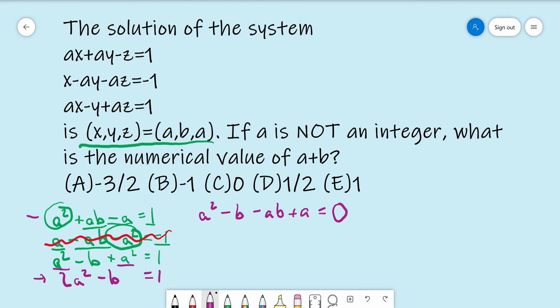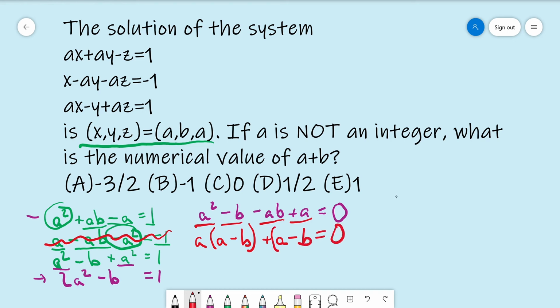Okay, now we're going to have to do some fancy factoring. Let's take this a squared term and this ab term and factor out an a. That'll leave us with a minus b. And then we still have this plus a and this minus b, all equal to 0.